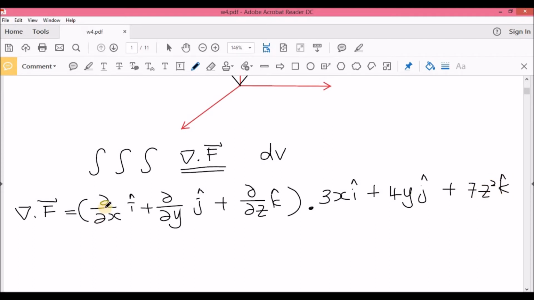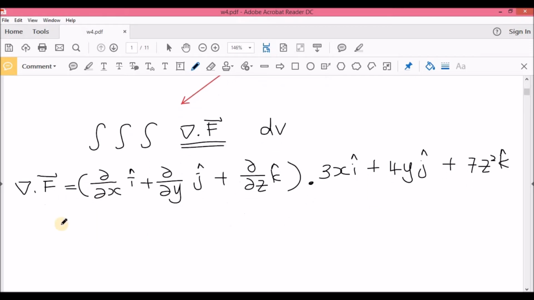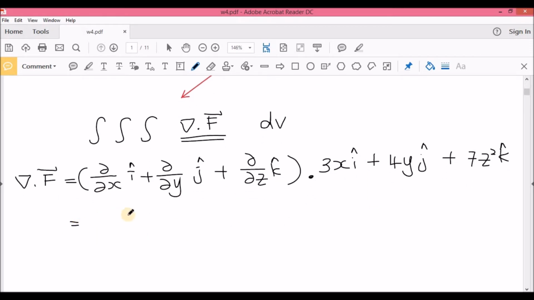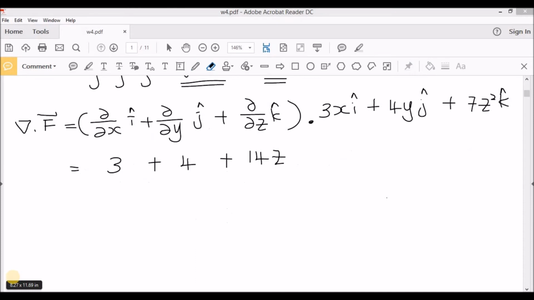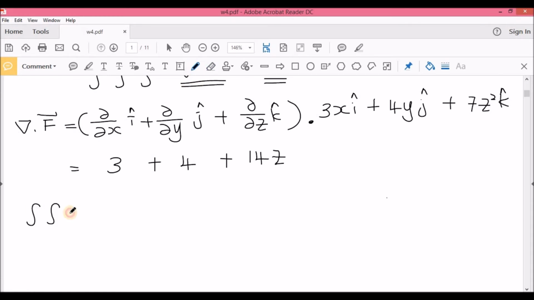You multiply the i component with the i component, so you will get 3 plus 4 plus 14z. Let's substitute it into the triple integral: the integral of 7 plus 14z dV.